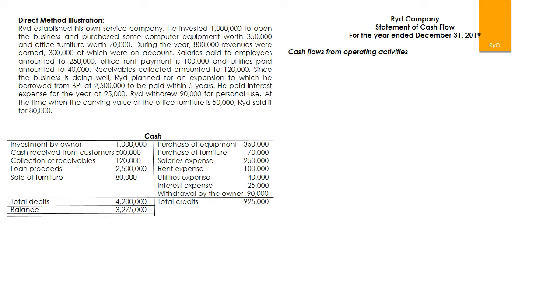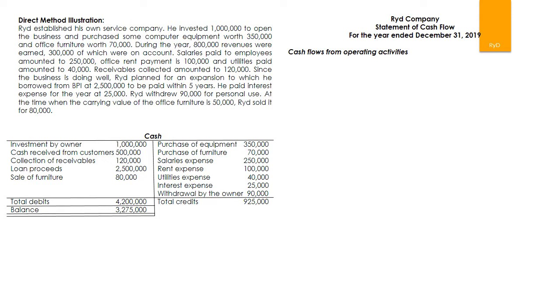So, what is the operating activities class? This is our revenue generating activities. And where do we find this? In our statement of comprehensive income and statement of financial position, current assets and current liabilities.